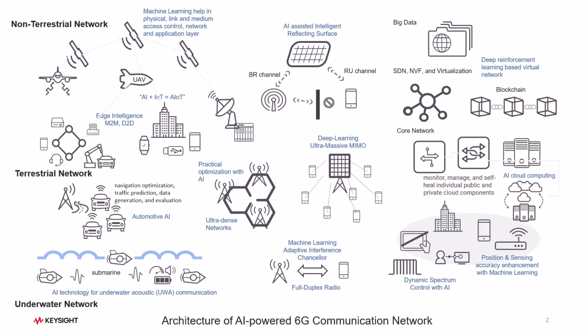The architecture of the 6G network is a comprehensive system that spans various domains encompassing terrestrial, non-terrestrial, and underwater networks. Within this framework, advanced AI interface technologies such as intelligent reflecting surface, ultramassive MIMO, and full duplex communications are seamlessly integrated.